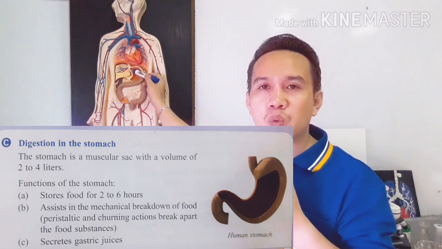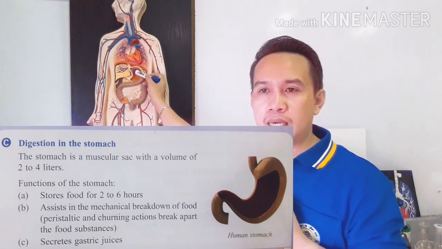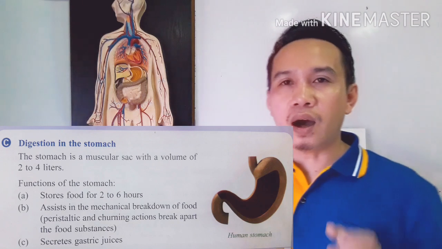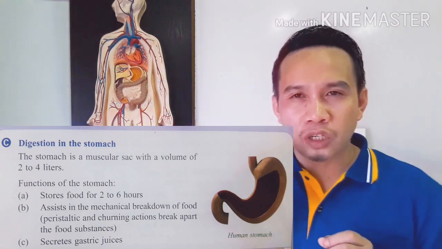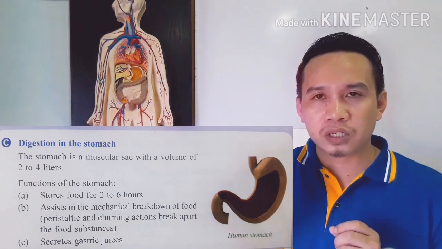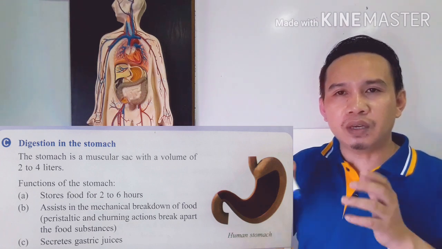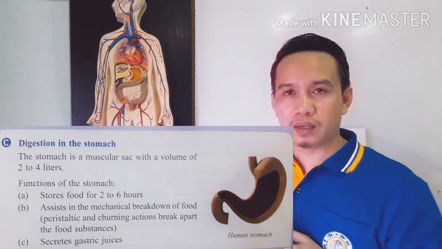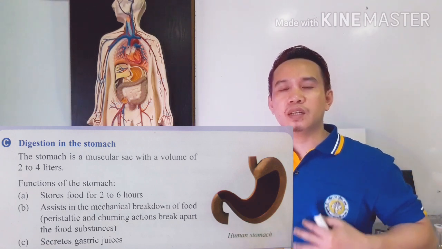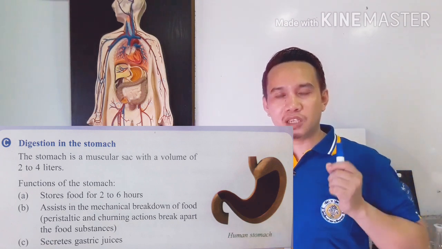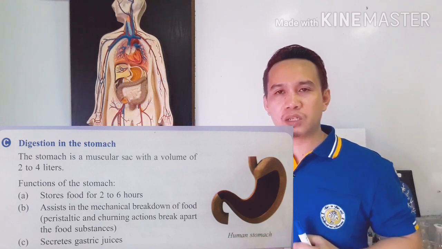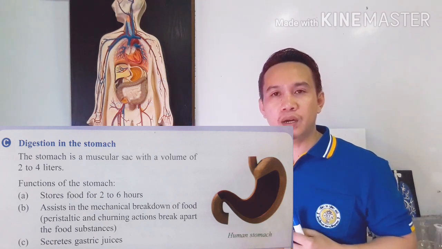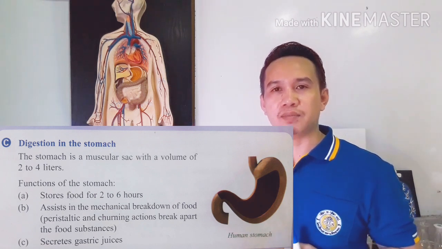And also, our stomach is used to secrete gastric juices. So these are the most important functions of our stomach. Usually we call it our tummy. So this is one of the most important organs in our digestive system.